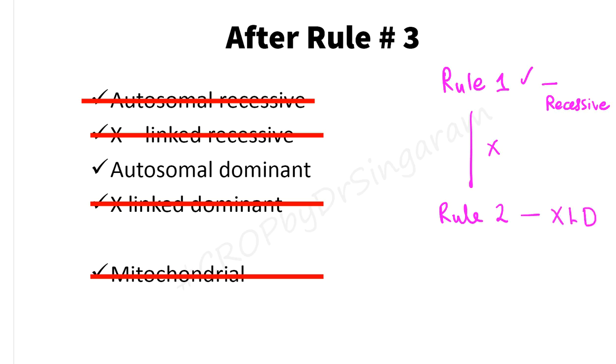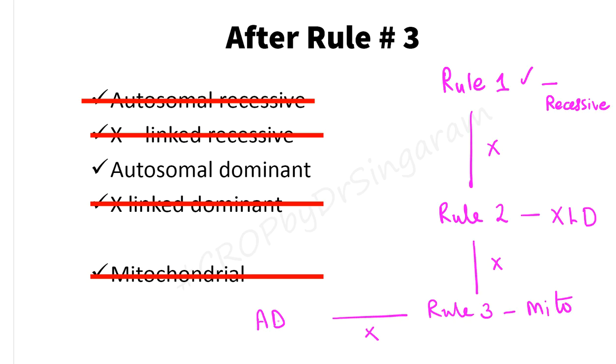I am just writing XLD, meaning X-linked dominant. If that is applying, then your diagnosis stops there. Suppose rule number 2 is not applying, then you apply rule number 3. If rule number 3 is applying, then your diagnosis is mitochondrial pedigree. You stop there. Suppose rule number 3 is not applying, then you come to the final diagnosis, which is autosomal dominant pedigree. Is it clear?